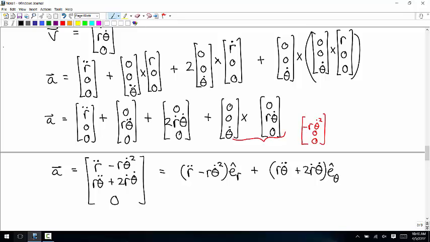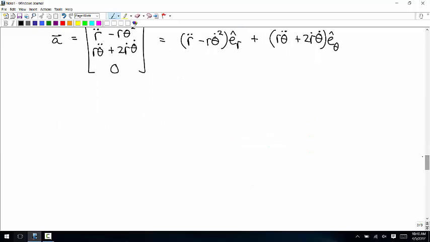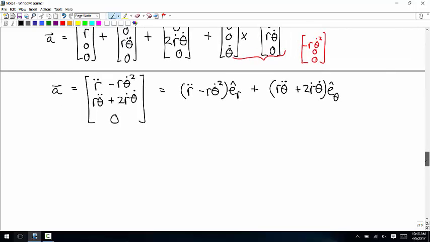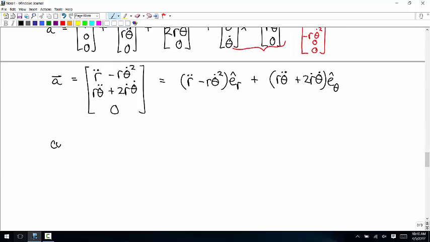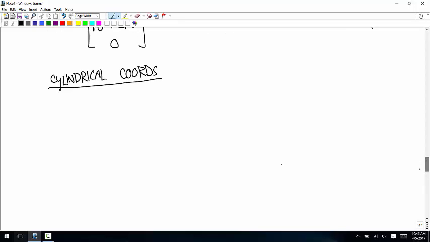Okay, so cylindrical coordinates is basically the same. Let me draw what's going on in cylindrical coordinates. You imagine a plane where you're dealing with polar coordinates.